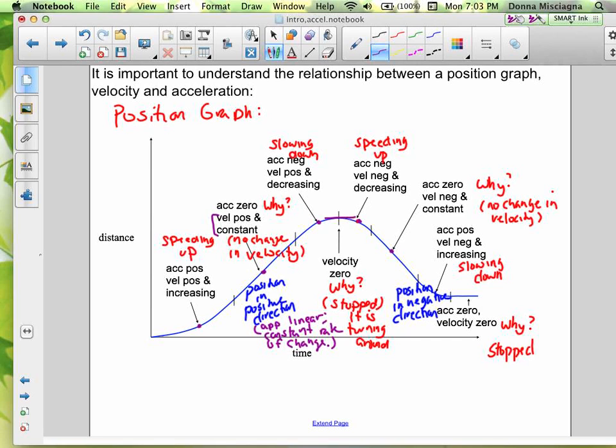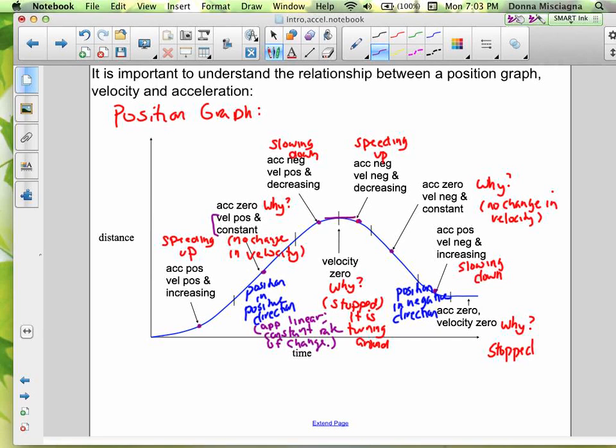Right? So here, the position is still in a negative direction. The acceleration is positive, right?